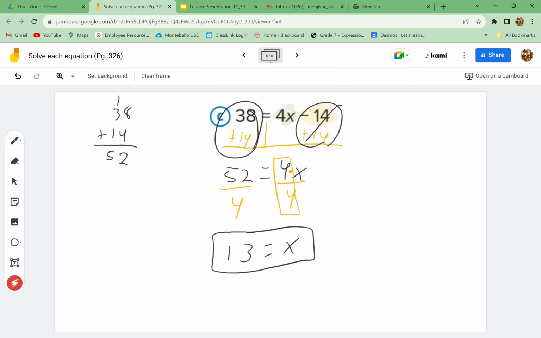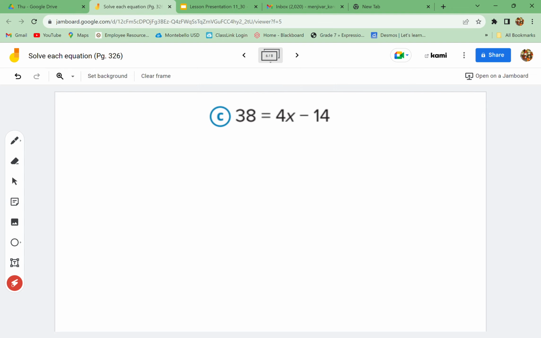Now again, suppose you're a student that wants to get rid of the 4 first. Let me try the other method. Let me highlight right here: that's my x term, and this is my constant. Some people like to get rid of the 4 first.